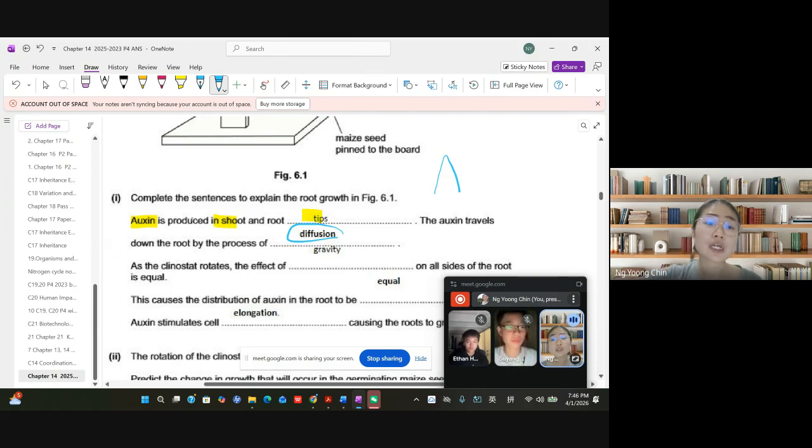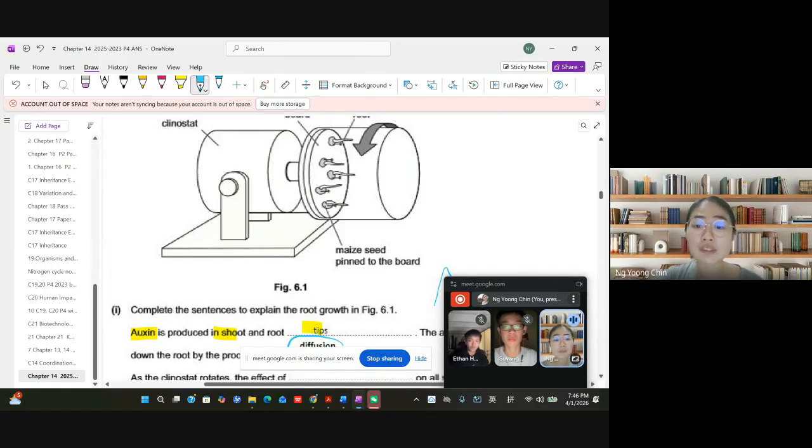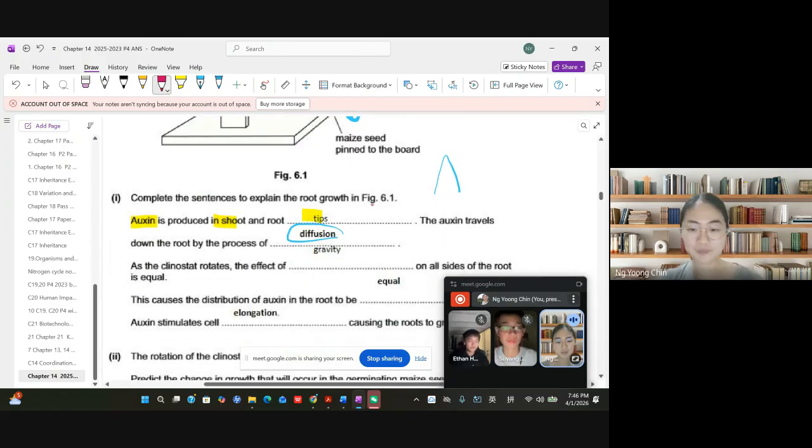So that's why the roots will not grow downwards. Because in natural conditions, the roots should go downwards due to gravitropism. But due to the clinostat, the effect of gravity is canceled. So when the roots grow, they just elongate like this. They will not grow downward, okay? Not go downward.